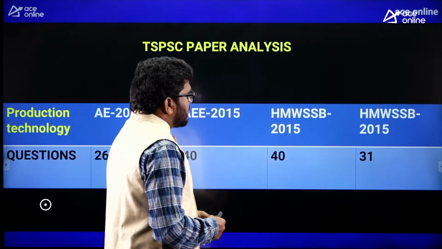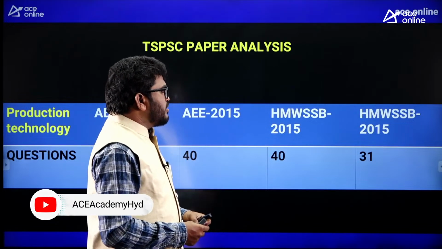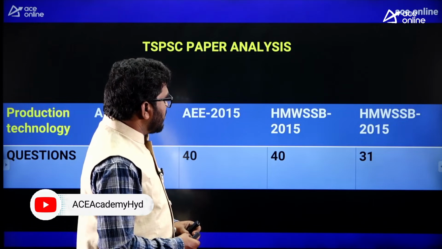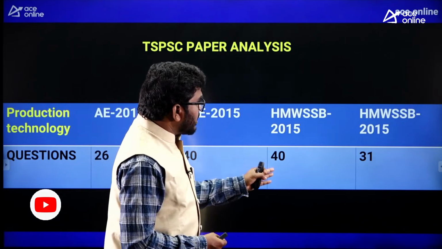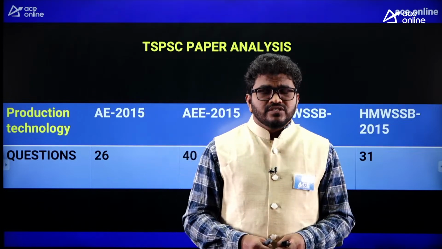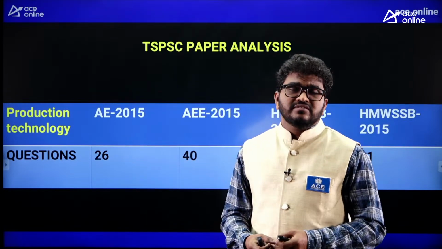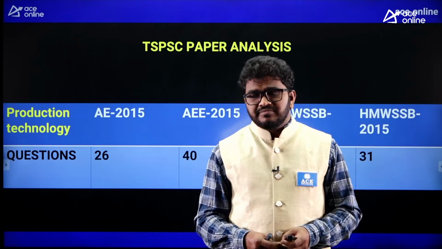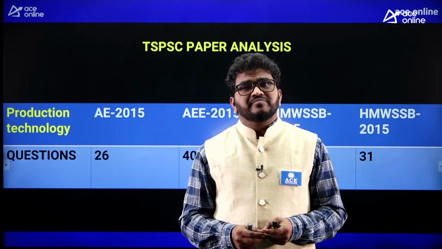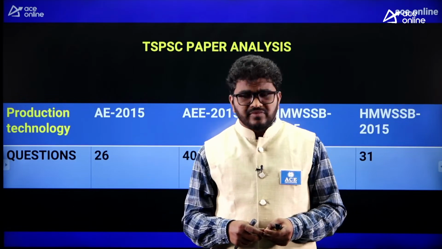And for the HMWSSB exam of the same 2015, also 40 and 31 questions they asked. So from this you can understand the weightage of the subject, first of all, it is very high.